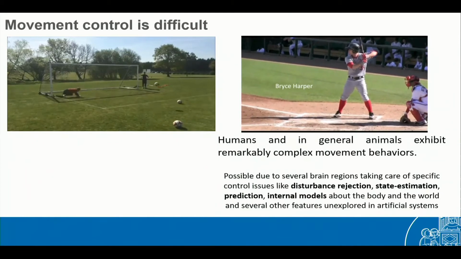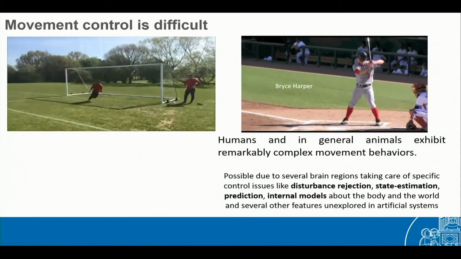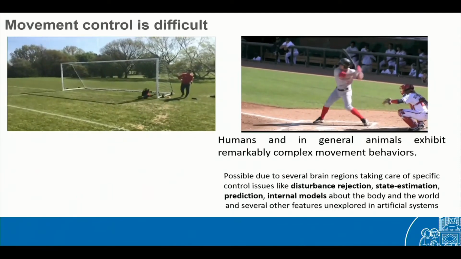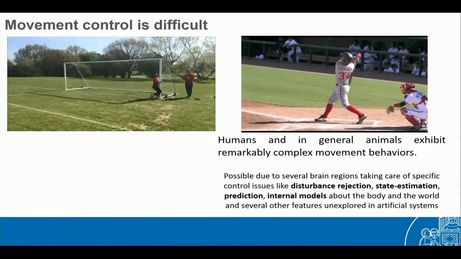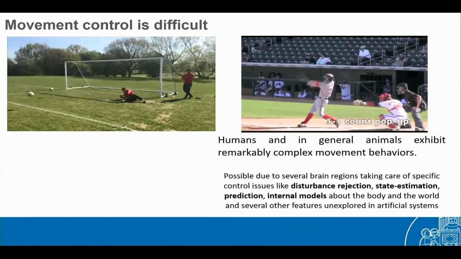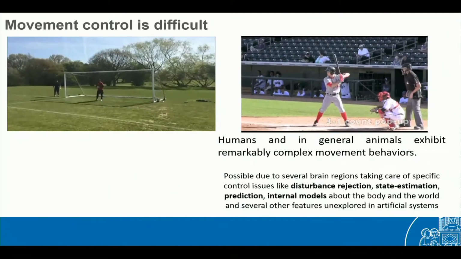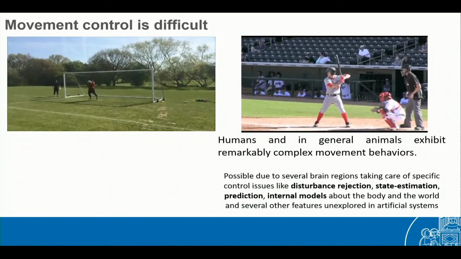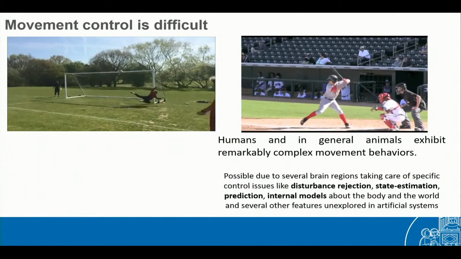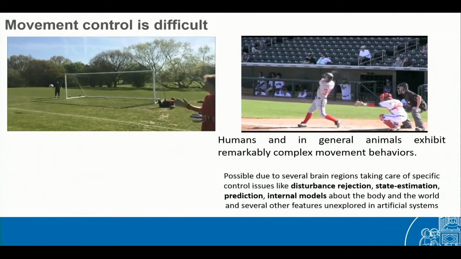For example, if we look at the goalkeeper or the butler, you can see that in order to anticipate the motion of the target, that is the ball, they need several special capabilities, like the rejection of disturbance, because they are dealing with the motion of their body but also of other devices, like for the butler.